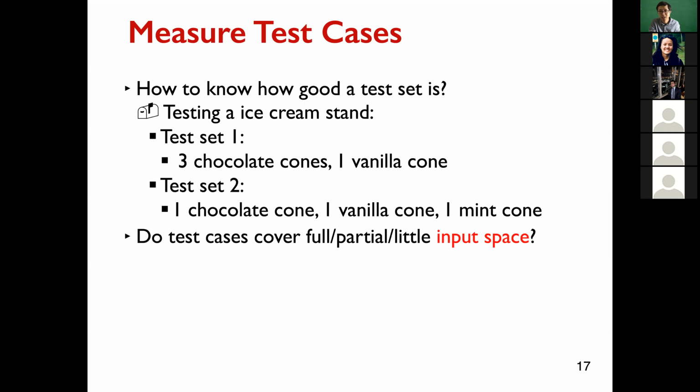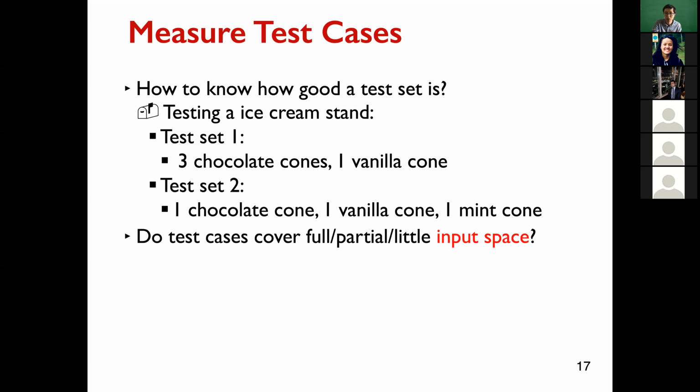The example is testing an ice cream stand, right? You go to an ice cream store, you want to buy an ice cream, and you need a stand to hold this ice cream. So how can we test this ice cream stand? Test set one: we test 3 chocolate cones.